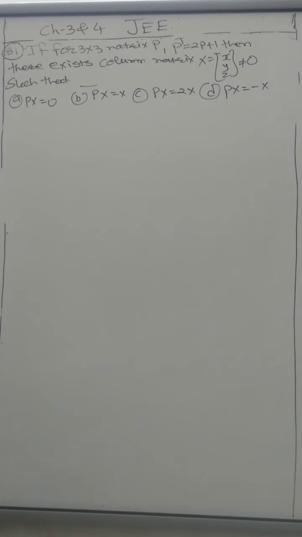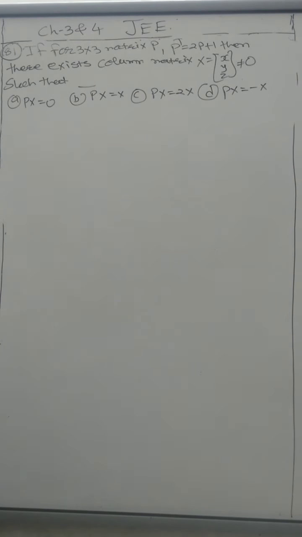Okay, 81. If for a 3 by 3 matrix P, Pᵀ equals 2P + I, then there exists a column matrix X = [x, y, z], not equal to the zero matrix, such that the four conditions are given. So now we start.